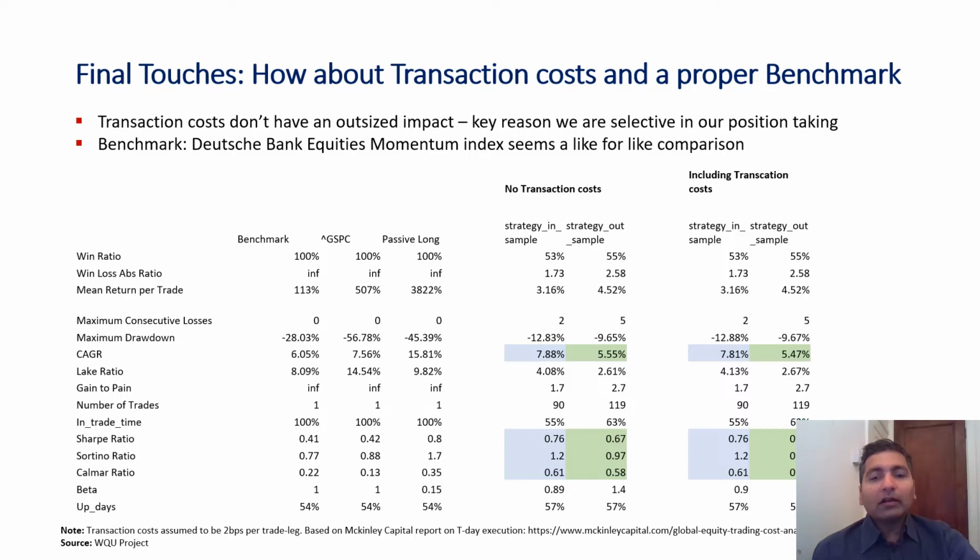Which is understandable. Why is that? That the overall CAGR did not go down too much is because we are very selective in our position taking, and the total number of positions, for example, in the in sample period are 90 and out of sample period are 120. So because we are taking on average fewer positions per year, that is why we have kept the transaction cost impact in check.